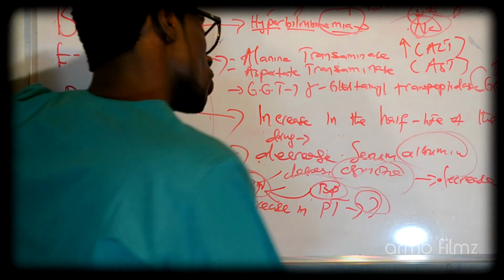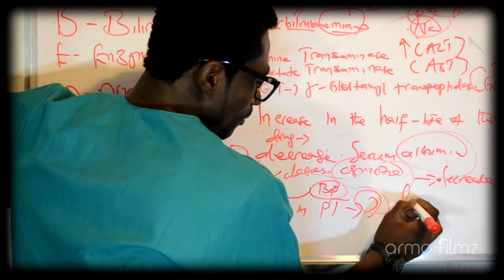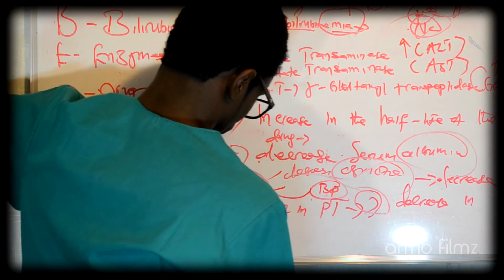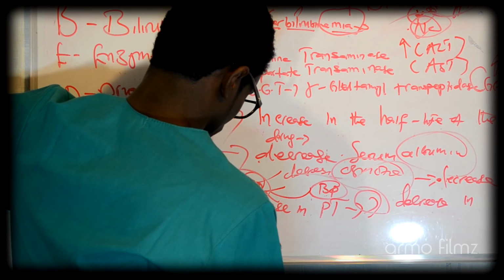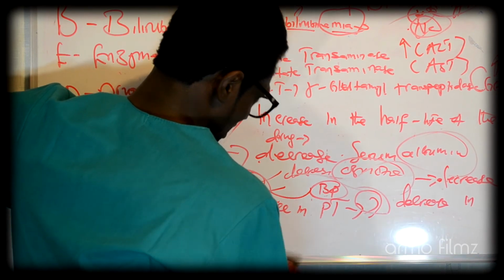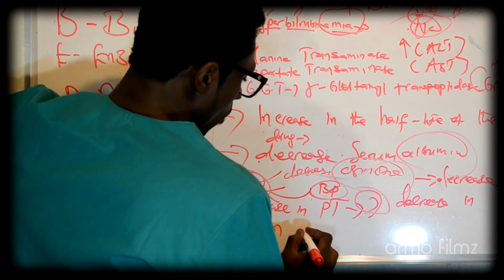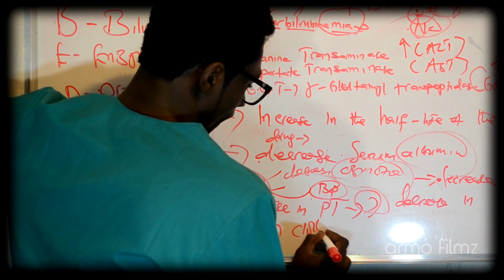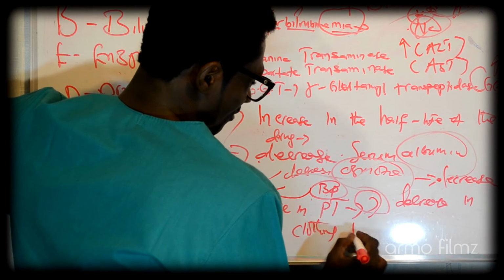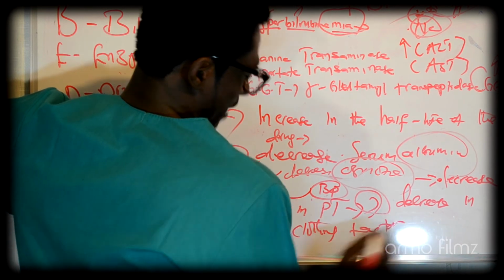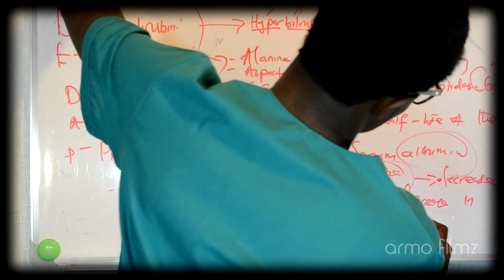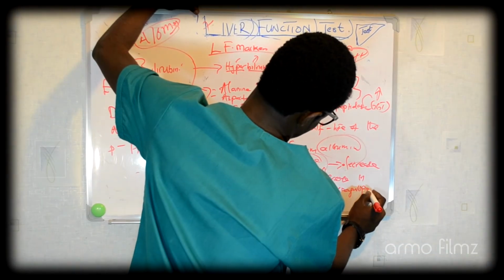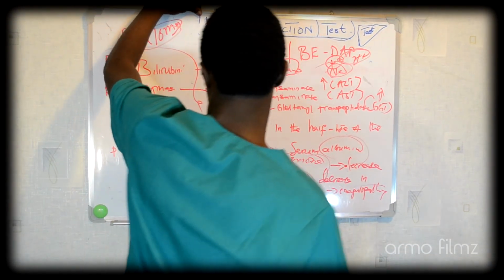It will happen because there will be a decrease in the production of coagulating, clotting factors. Clotting factors, right? Therefore, this will now lead to coagulopathy. Yeah, I know you know that.